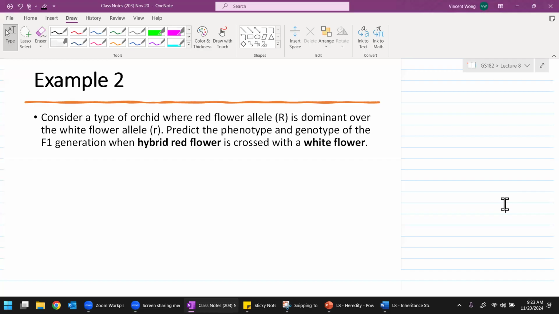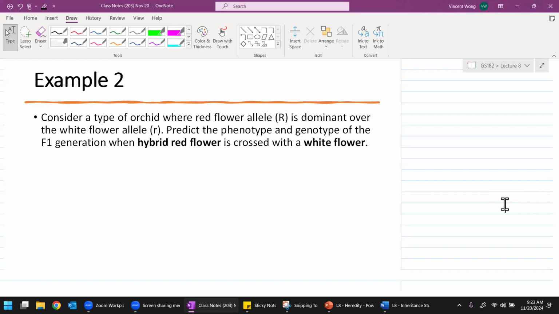Okay, so hybrid red. What's hybrid red? Hybrid means same or different?